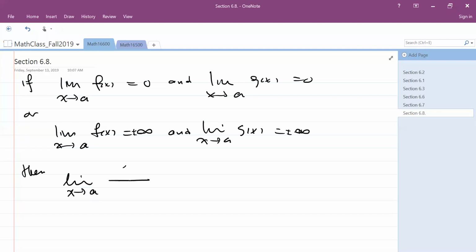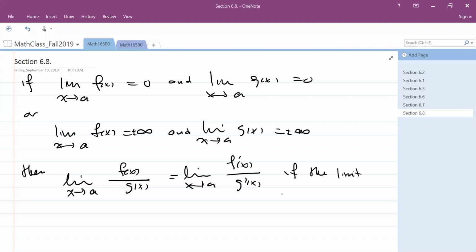Then, when you're trying to find the limit of f(x) over g(x), you can use the derivatives to find the limit. All you have to do is differentiate the numerator and the denominator, as long as the limit on the right side exists. That's another condition.